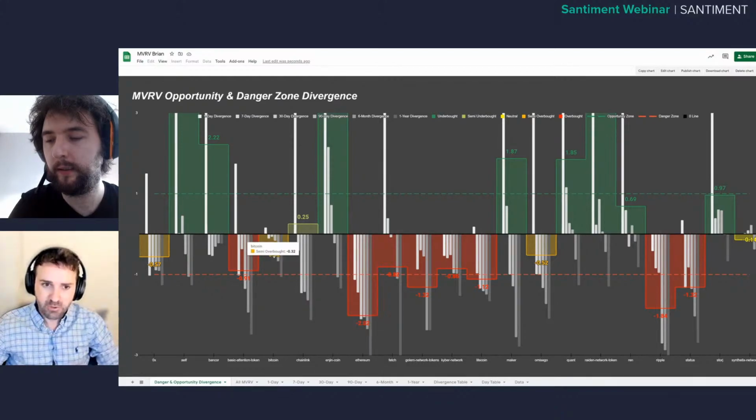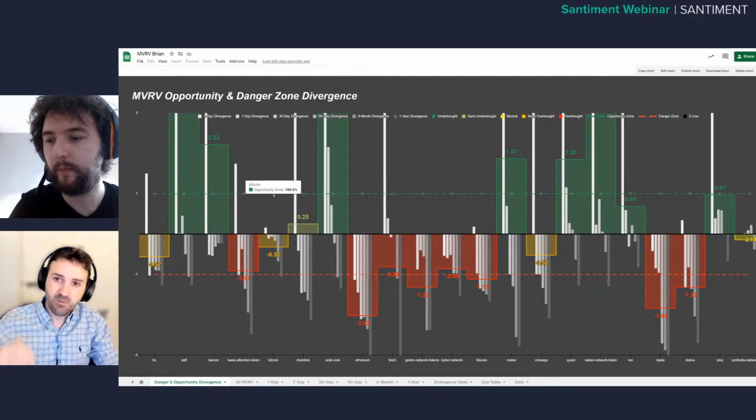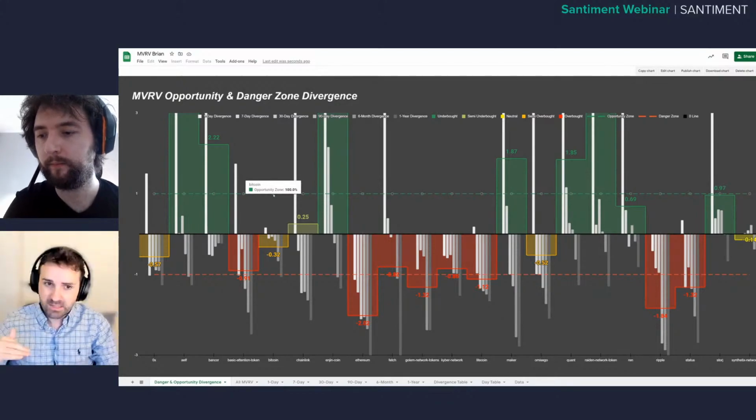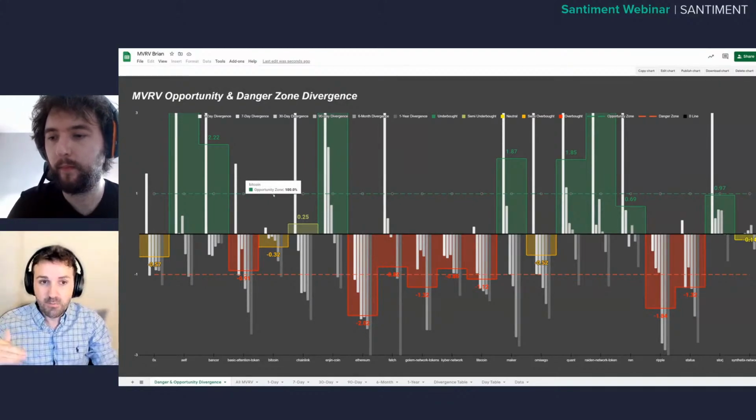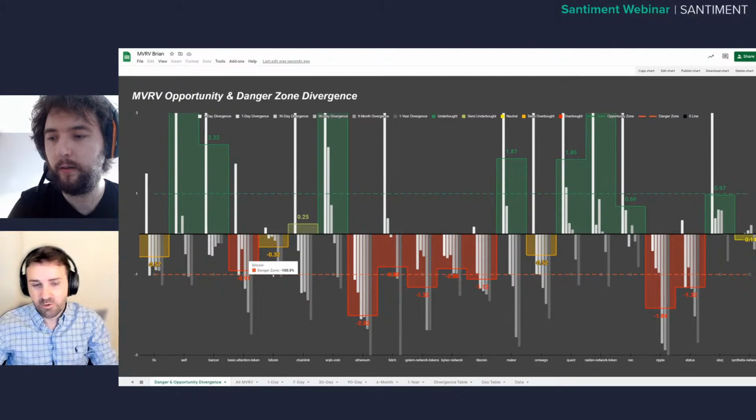You see Bitcoin showing a negative 0.32. That means it has about a negative 32% divergence, with 0 being neutral, plus 100% being an opportunity zone, one of the best prime spots to buy in based on MVRV, and negative 100% being one of the worst spots to buy in based on MVRV.